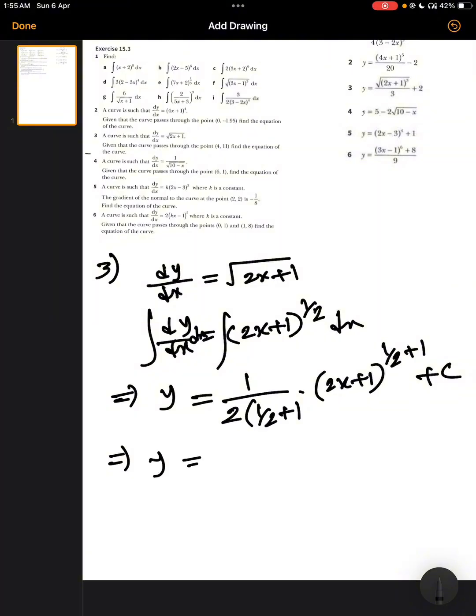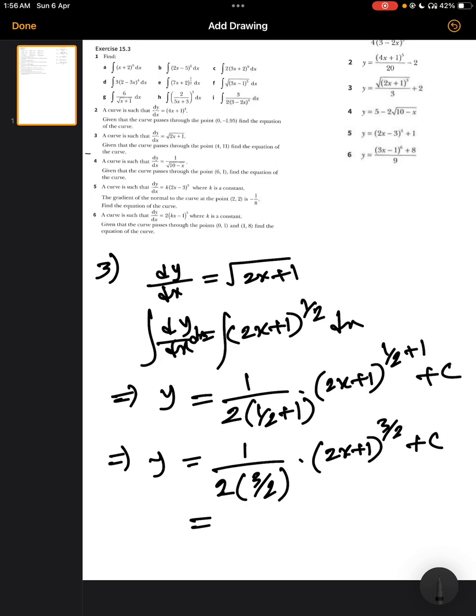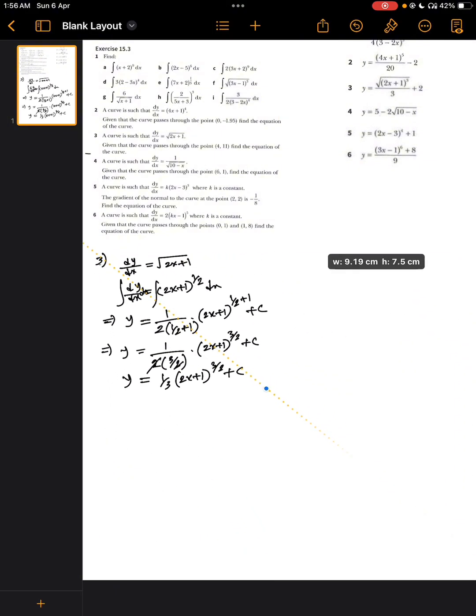So y is equal to 1 by 2 over 3 by 2, times (2x plus 1) to the power 3 by 2 plus c. So this is 1 by 3, because this 2 and this 2 would be eliminated. So 1 by 3 times (2x plus 1) to the power 3 by 2 plus c. This is y.